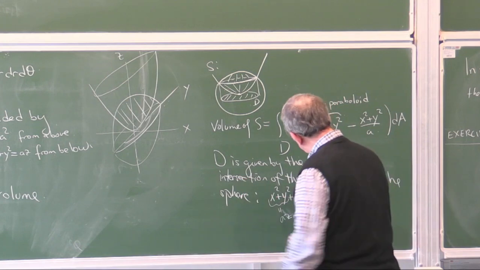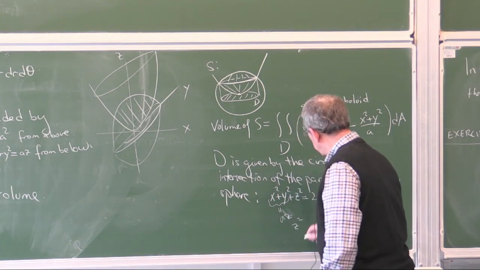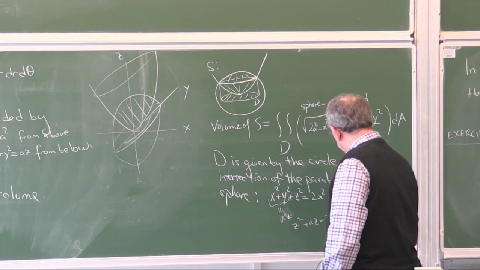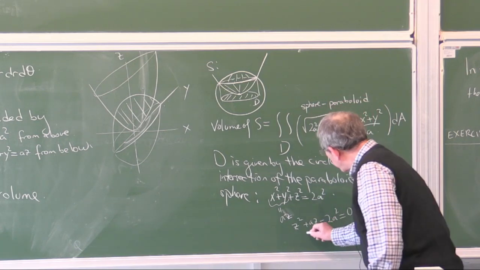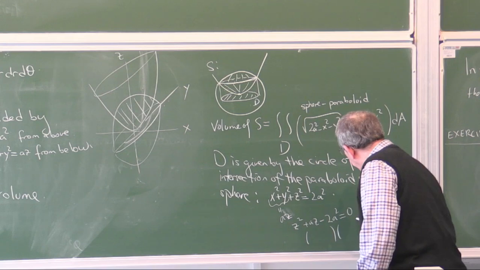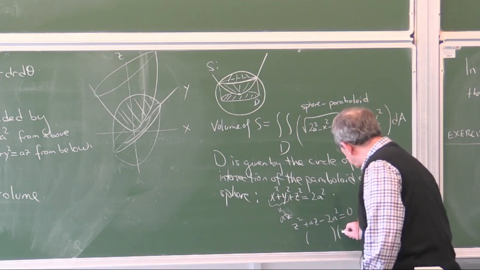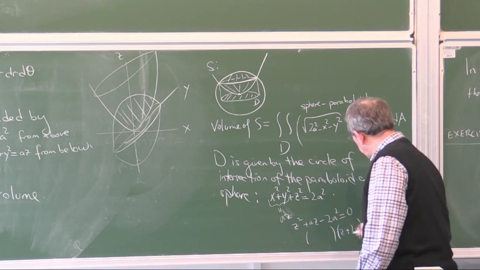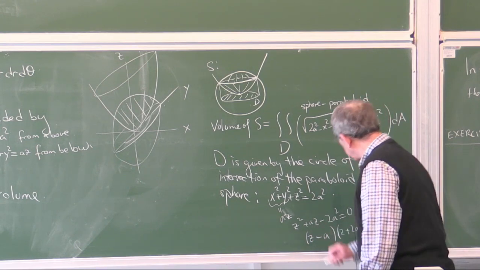So we have z squared plus az minus 2a squared equals 0. Or if you want, we have z plus 2a and z minus a equals zero.